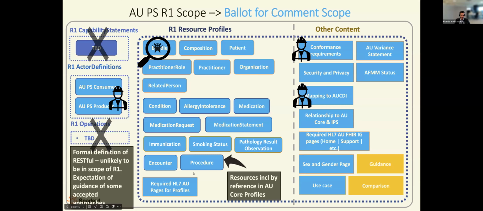Just a quick reminder, you would have all seen this slide in previous meetings. This is what's currently in scope of the AU Patient Summary Release 1. You can see all the profiles we've been working through and that we're planning to take through ballot, and as previously requested, as we go through this process of preparation for ballot, any help you can give to make sure that the content is as good as it can be would be much appreciated.